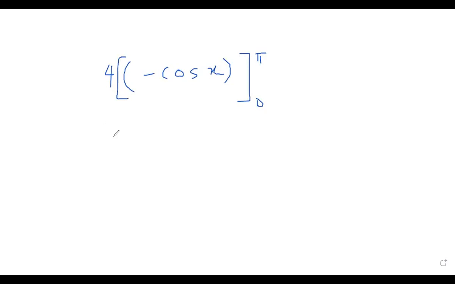What you do here is this will be 4, then substitute the upper limit first. So 4 minus cos of what? In place of x, you put pi, okay, good. And then it will be minus of negative cos. So you always subtract the evaluation of the lower limit from the upper limit, okay? So minus the negative of cos 0, okay, good.